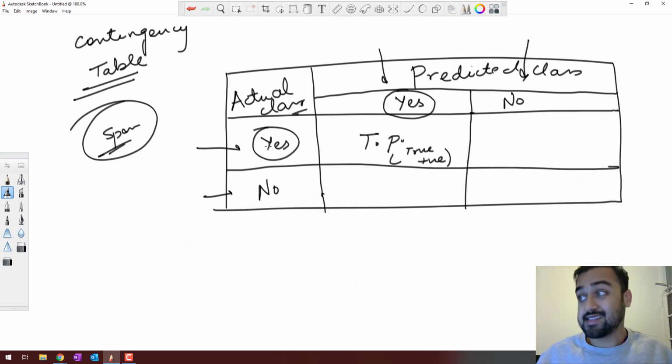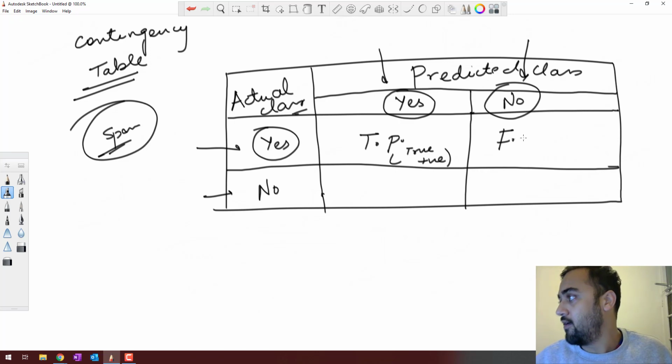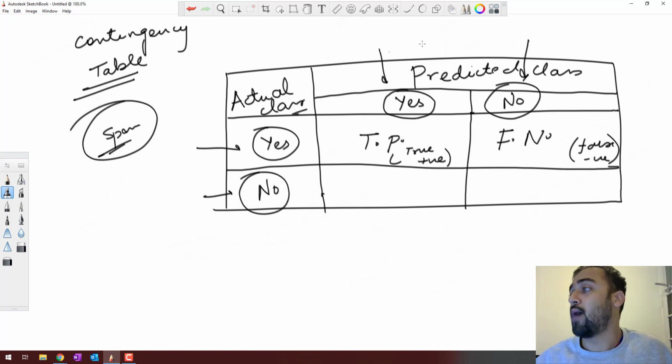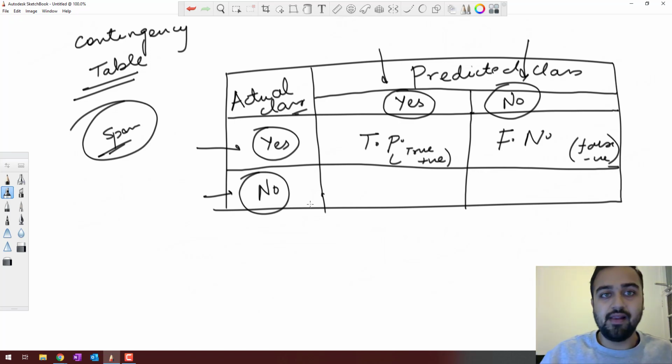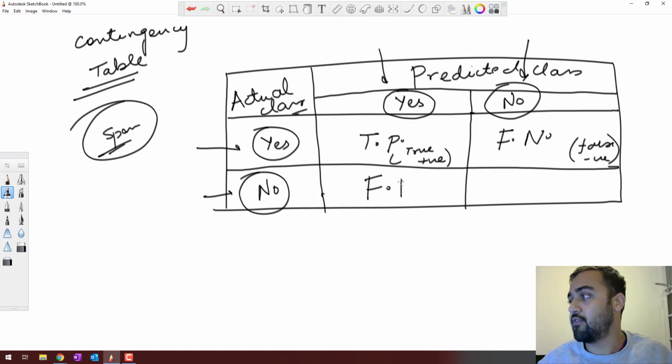Whereas if your actual class is yes and your predicted class is no, that means it has falsely identified that sample as negative, therefore false negative. Now if your actual class is no while the algorithm deduced it as yes, that means it has falsely labeled that data point as positive, therefore this becomes a false positive.